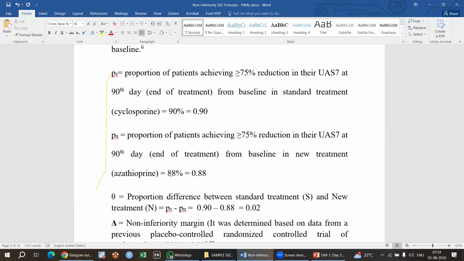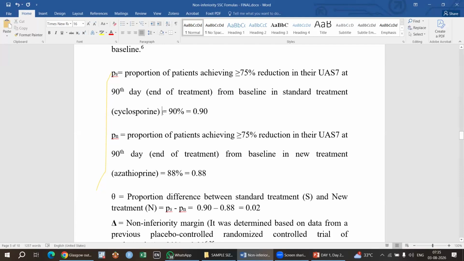The compliance rate is very high and dosing is minimal. So even if the efficacy is less than 2% compared to cyclosporin, we want to use this medicine. It is 88%, it is 90%, so efficacy is 2% less compared to cyclosporin.